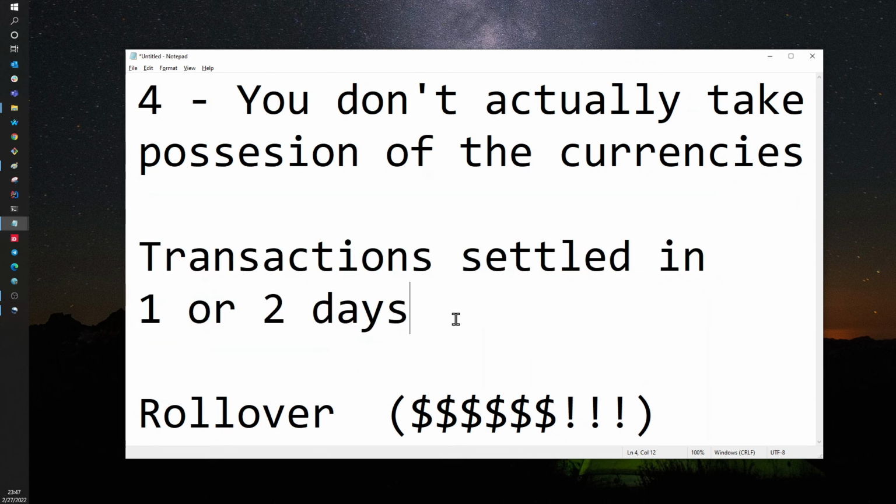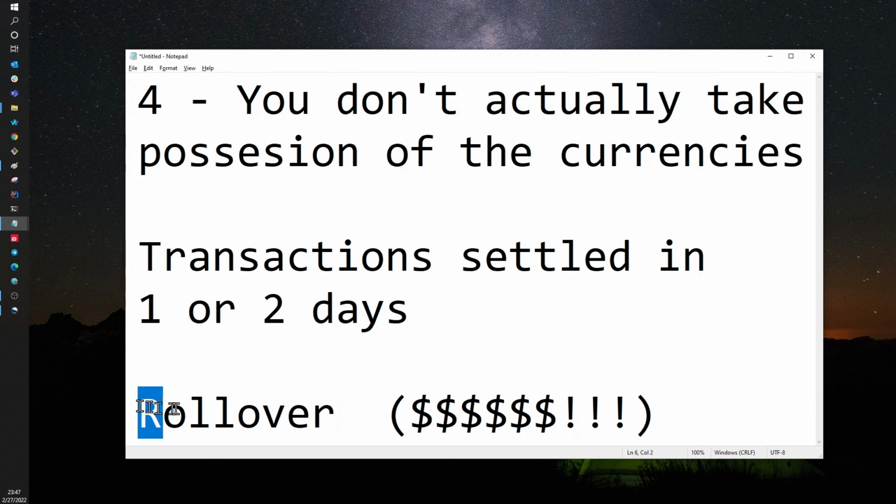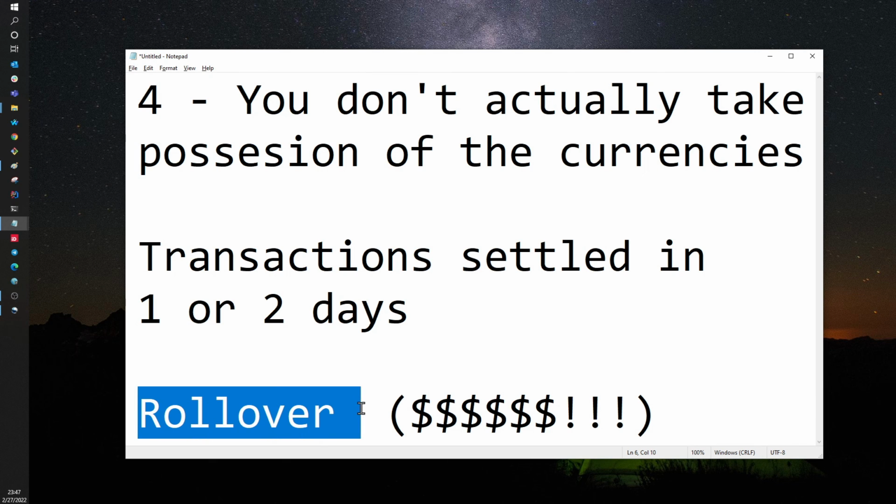However, with Forex your broker does a rollover, meaning if you fail to close out a position by the end of the trading period, because remember, we're supposed to be day traders, the broker will roll over that transaction to the next trading period.